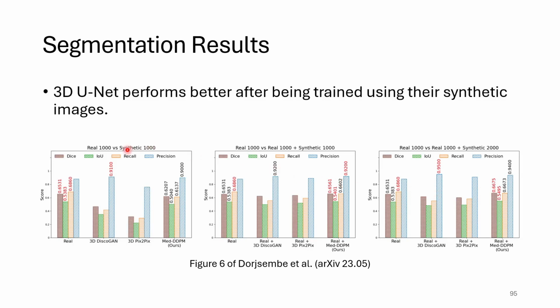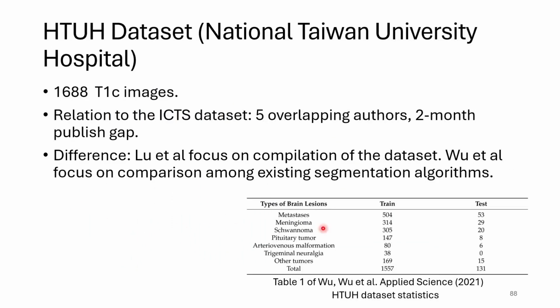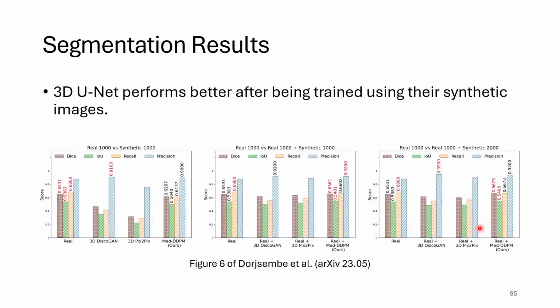So let's see the configuration. If they use 1,000 real images and 1,000 synthesized images to train a 3D UNet, and okay, because here you can see there are split datasets, training and test. Okay, from those test sets, what is the performance of the trained 3D UNet?